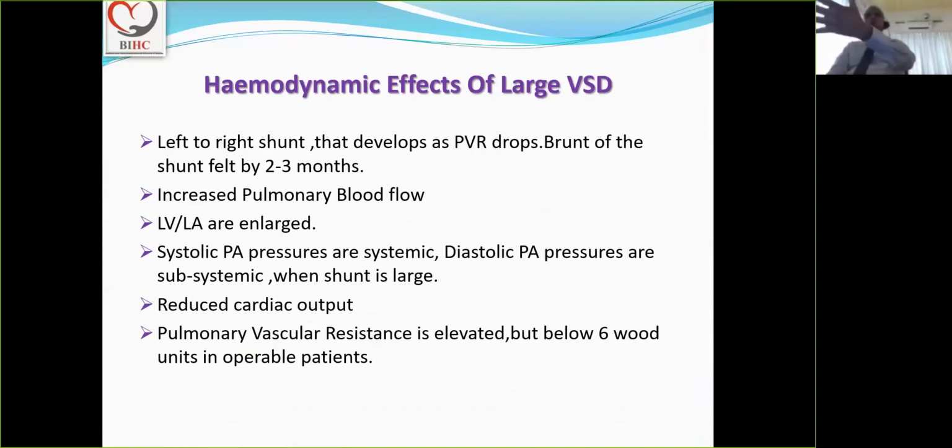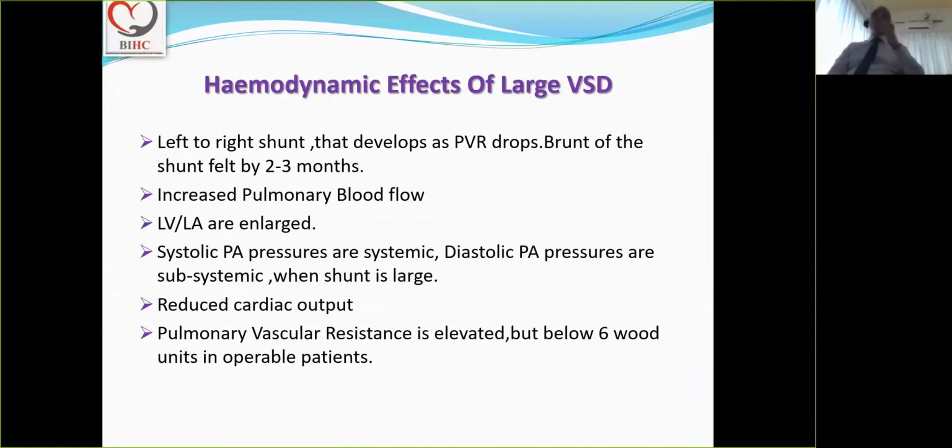If you have a 3-month-old baby, you have a blood pressure like 95 by 60. That 60 is the diastolic pressure. The PA pressure will be like 95 in systole and maybe 35 or 40 in diastole. It's elevated, but less than systemic, as long as the shunt is large.